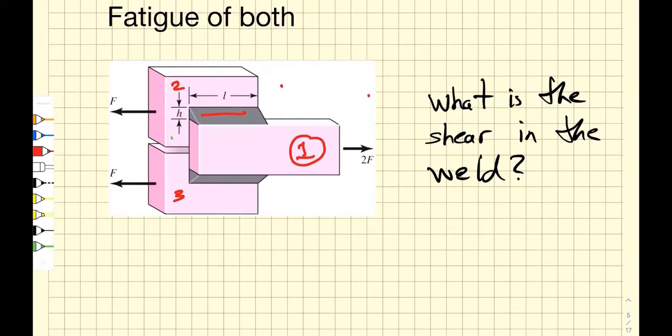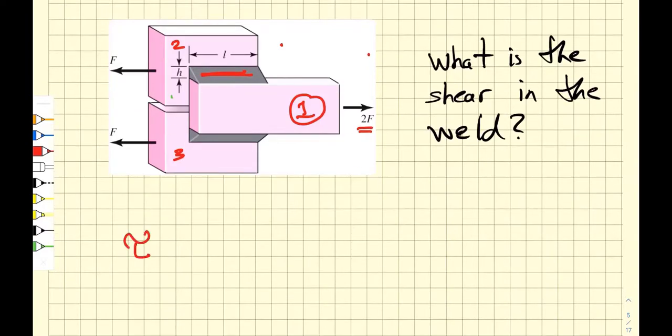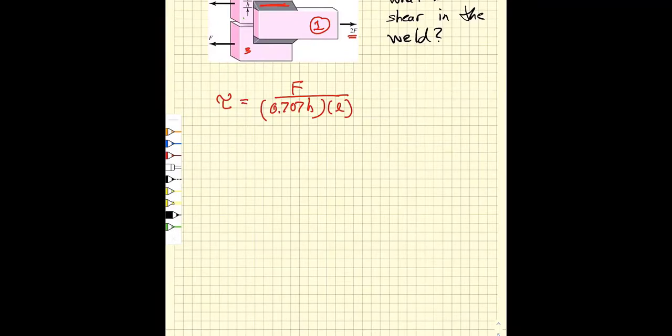Right, so what we do is we realize that each of these welds is going to carry half of this applied force. So the shear stress in the welds, its direct shear, is going to be equal to the force F divided by the throat area, which is 0.707 H times the weld length L. This is an example of direct shear, and the calculation of the shear stresses is very simple as a result of that.